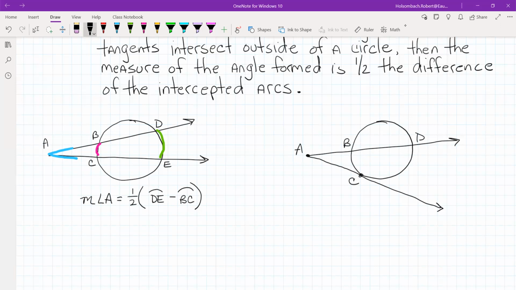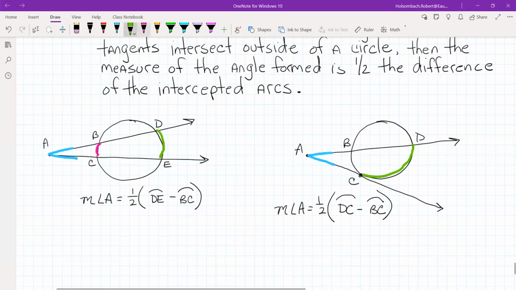So the measure of this angle A is equal to 1/2 of arc DC minus arc BC. So the angle formed by the secant and the tangent is equal to 1/2 of big arc minus little arc. Always got to go big minus little so that you get a positive value in the parentheses. Real important.